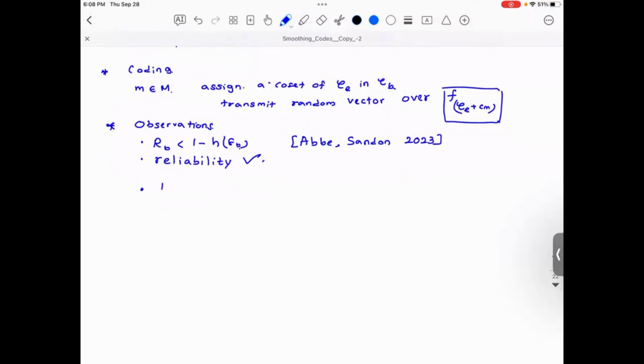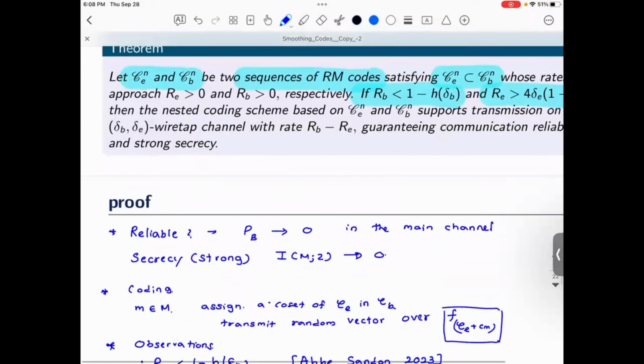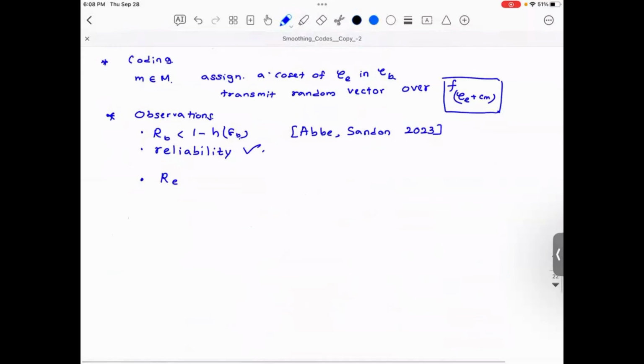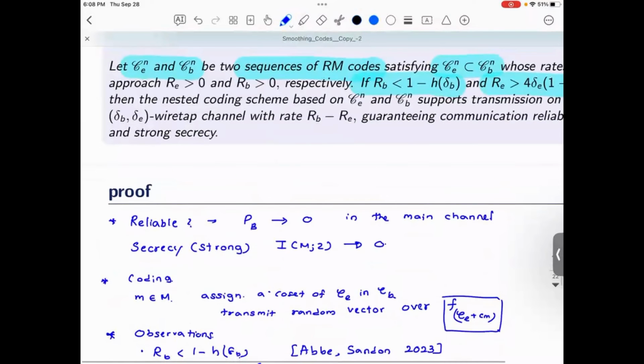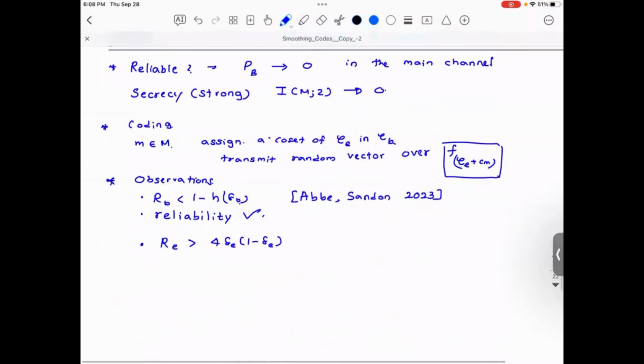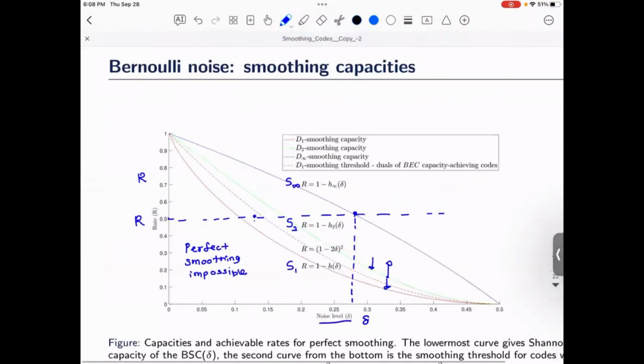Now, when RE is greater than this, what do we have here?